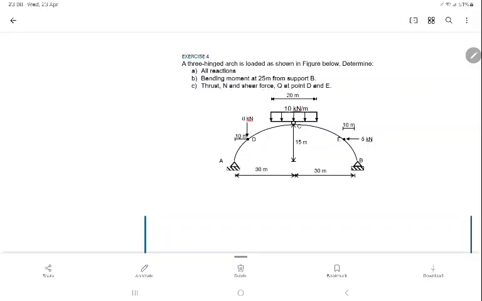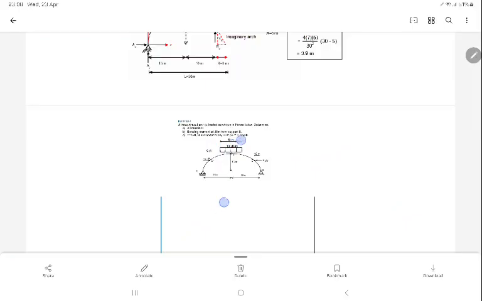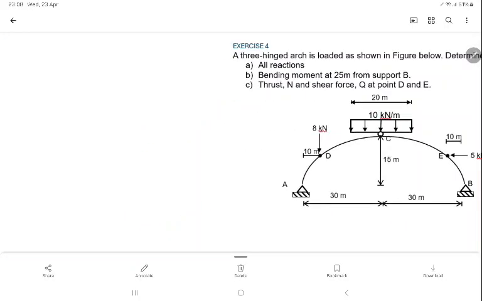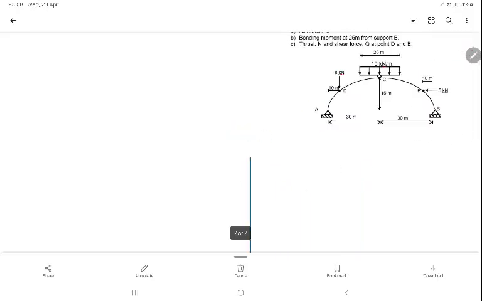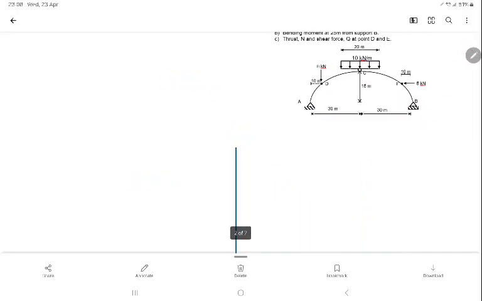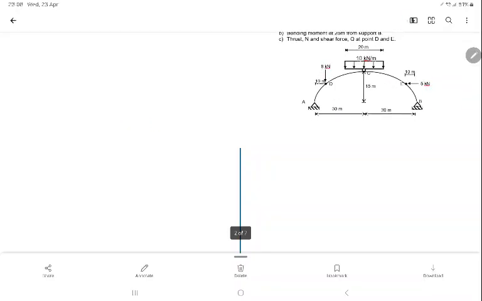So the first step what you should do is sketch a free body diagram for this question. So carefully, if you want to sketch again, this is AY, this one is BY.